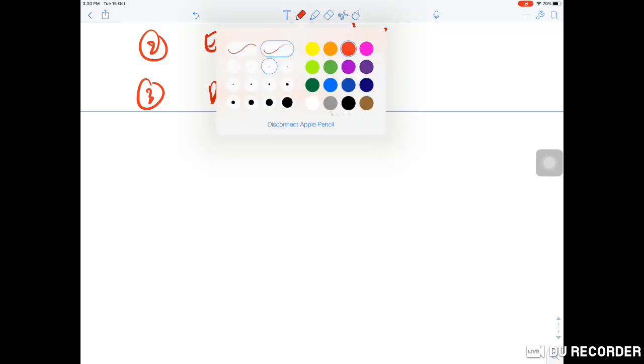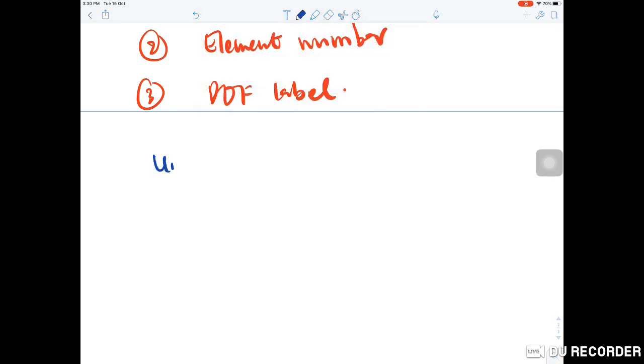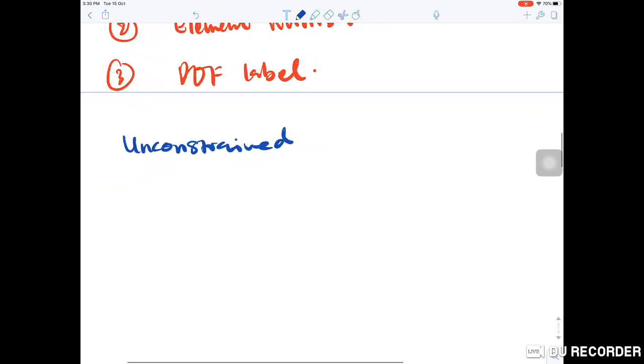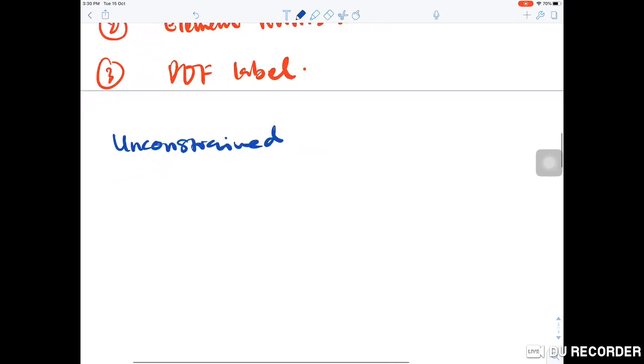The first one is called the unconstrained system, and system number 2 is called the constraint DOF.